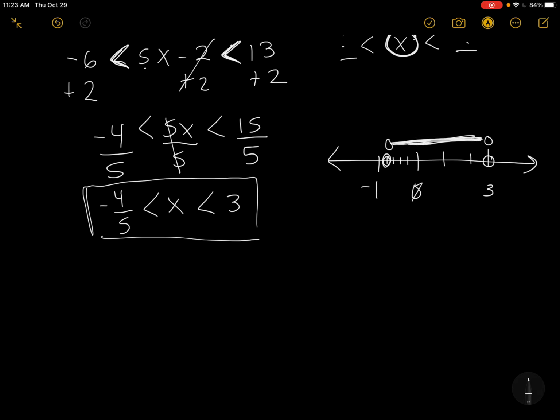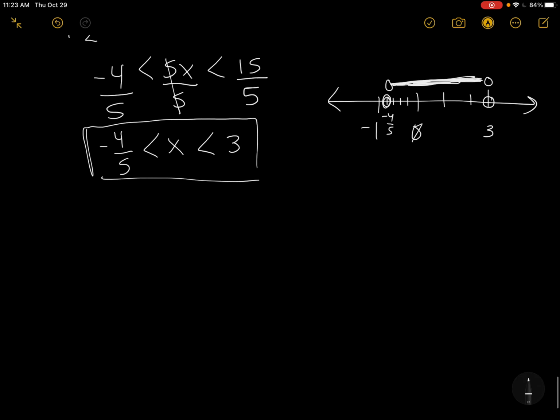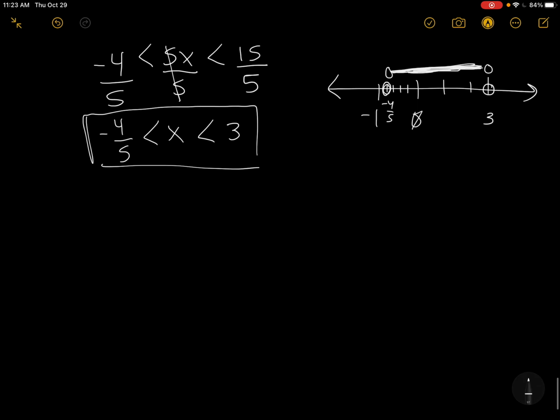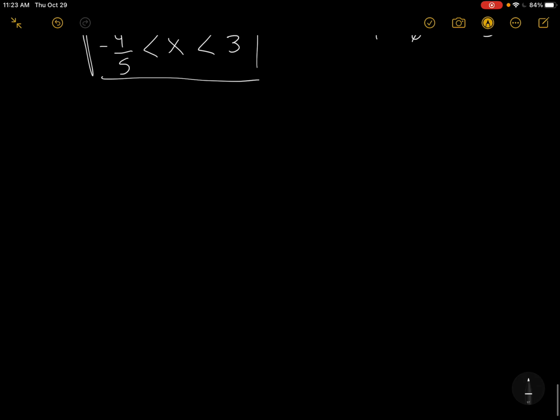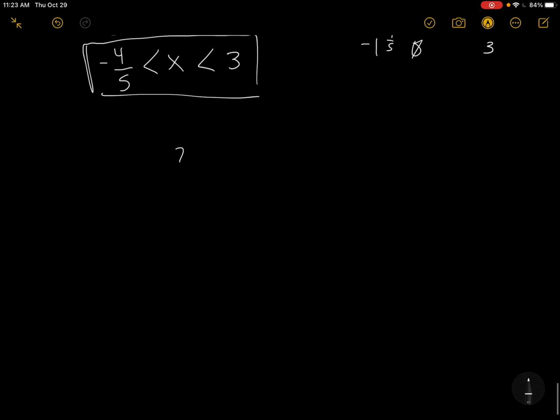X is between these two numbers. Hopefully that's not too confusing.